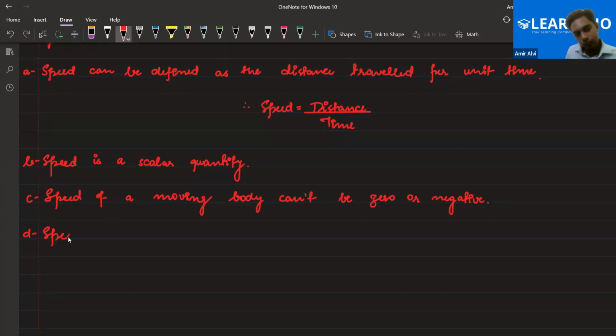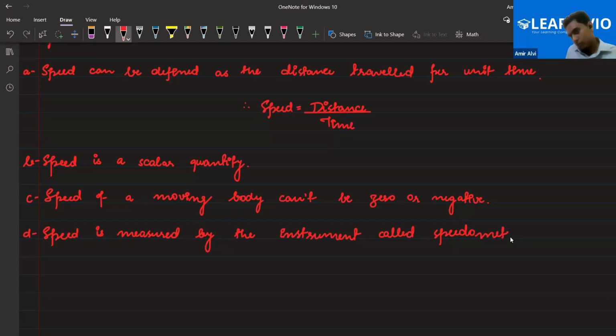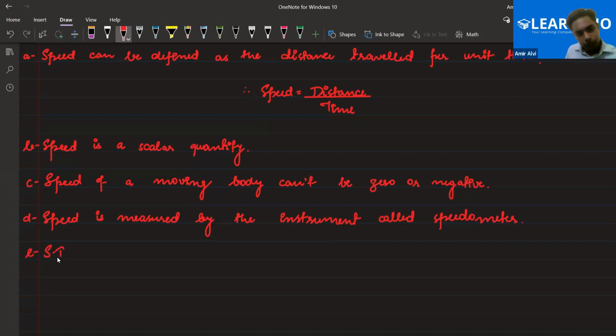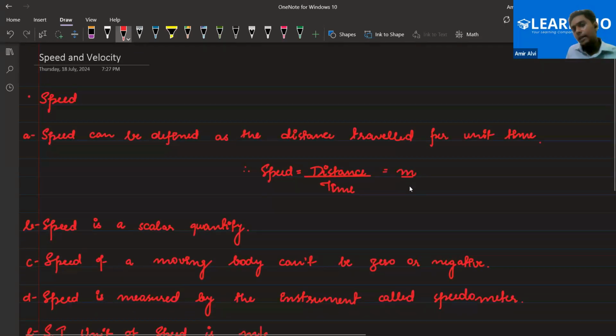Speedometer. Okay. And if we talk about the SI unit, the SI unit would be meter per second, because the SI unit of distance is meter and the SI unit of time is seconds.